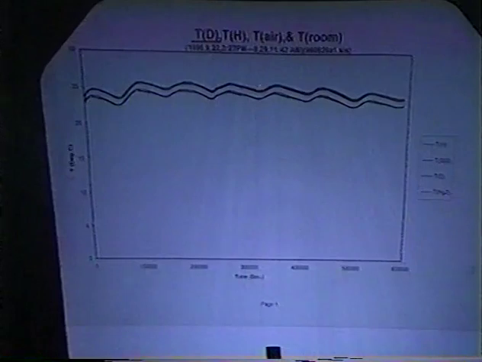That's room temperature. And we measured the temperature in a bottle just filled with air. It follows this room temperature. The temperature in the hydrogen model follows this room temperature closely also. However, the temperature in the deuterium model is always a little bit higher, about 1 degree, without any heating.